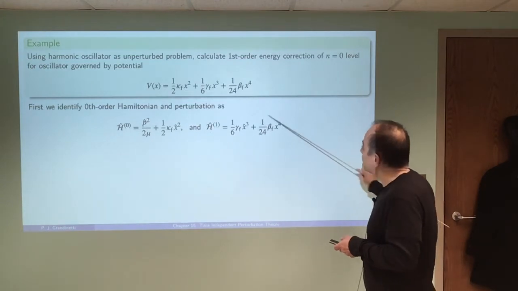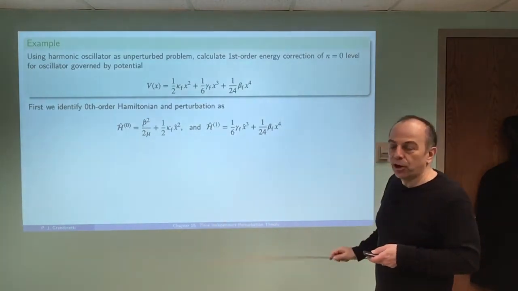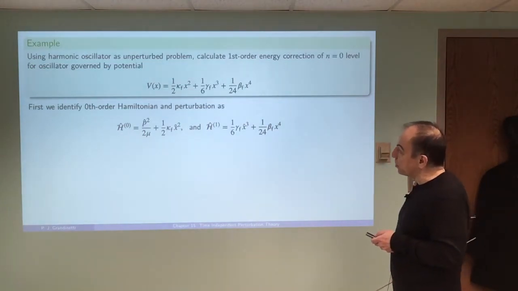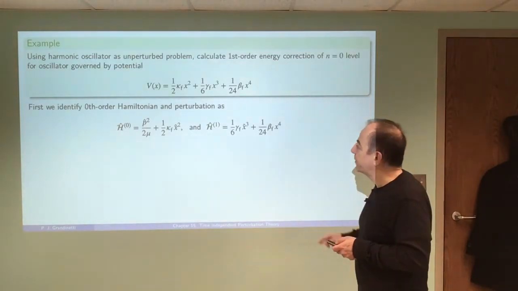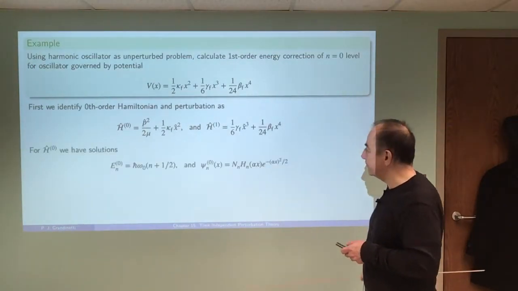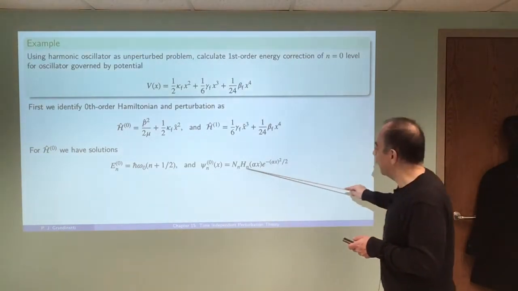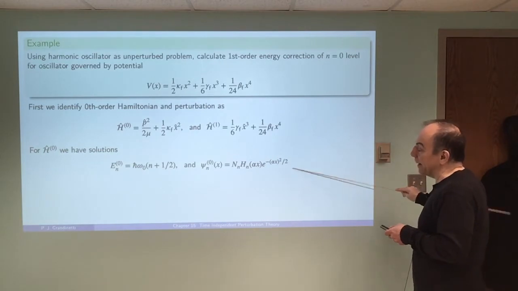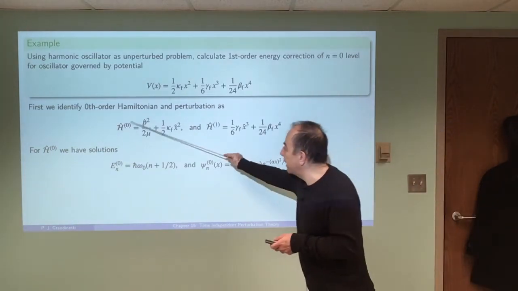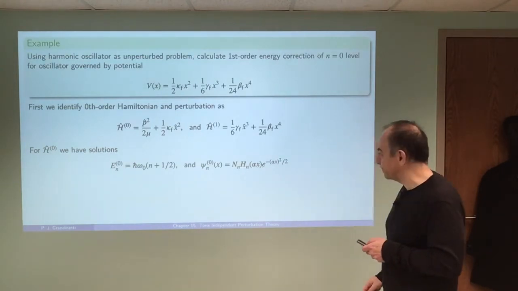And now this H1 term will be these two terms, these anharmonicity terms that we're going to add in. So we know the eigenvalues and the eigenstates for that Hamiltonian. Remember, the eigenvalues are just this term here, and those Hermite polynomials here were what we needed to make the eigenfunctions or the eigenstates of our H0 for the harmonic oscillator.